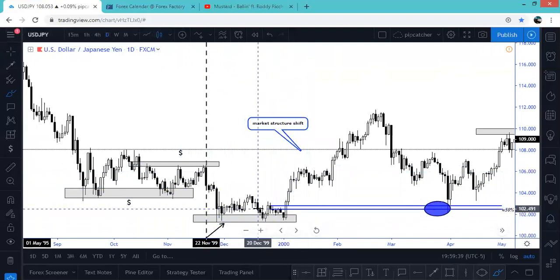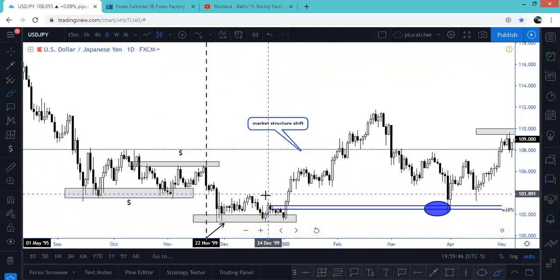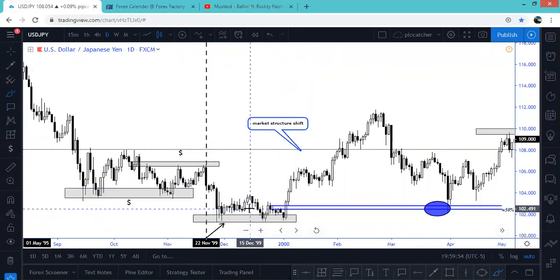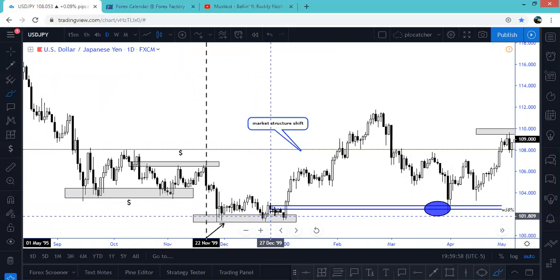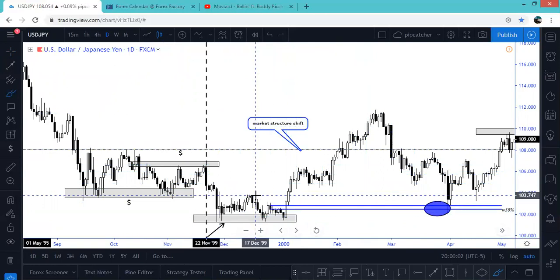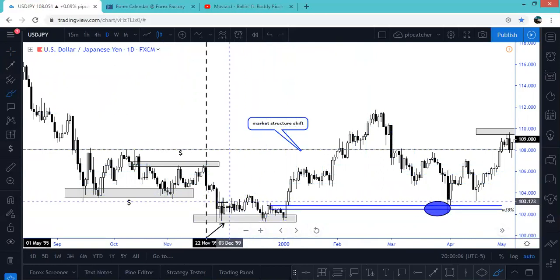Now, it's the same rule, right? It's the same rule in a bullish scenario. Is a bullish range or up candle in the most recent swing high prior to an old low being violated.